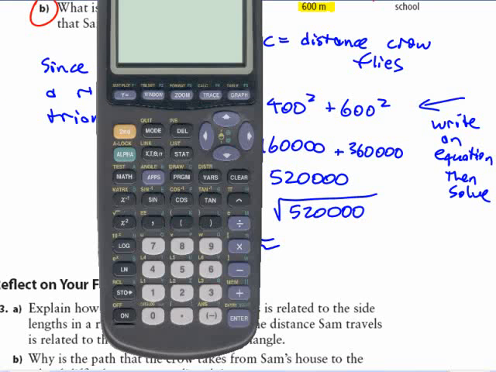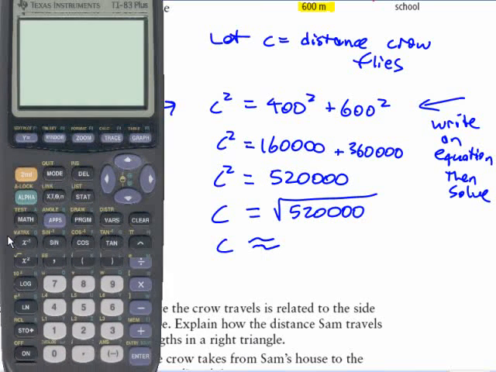Has somebody already done that? I could do it up here. If we do square root of, did I put one too many in there? I did, didn't I? I put one too many zeros in there, right? 721.